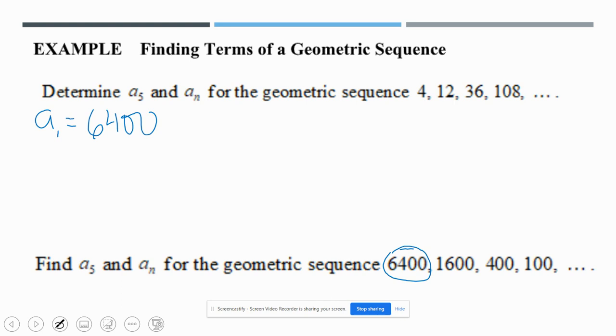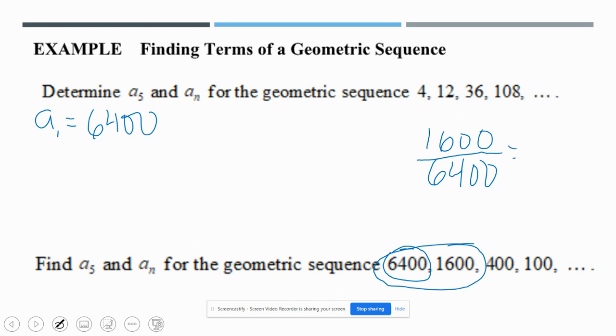So what are we doing to get from 6,400 to 1,600 to 400 to 100? Well, I'm going to pick these first two terms and divide 1,600 over 6,400. When I divide that in our calculator, we get 0.25, which is the same as a fourth.